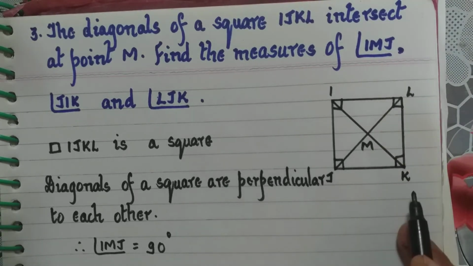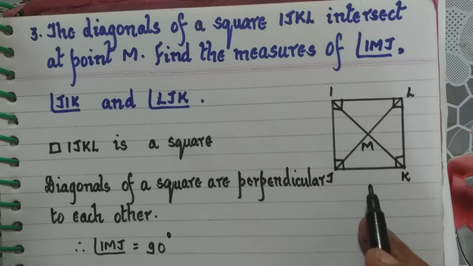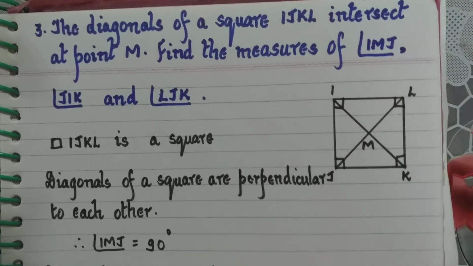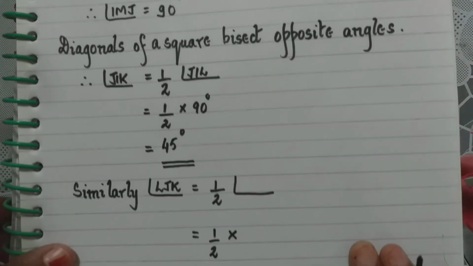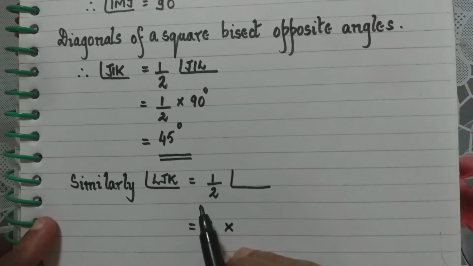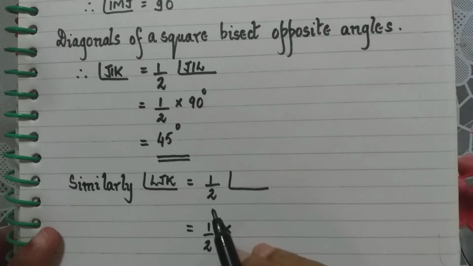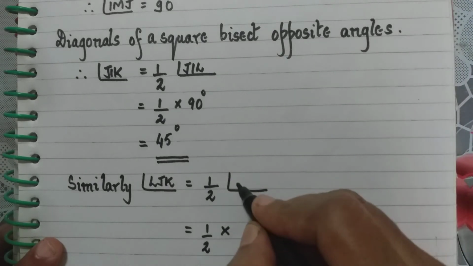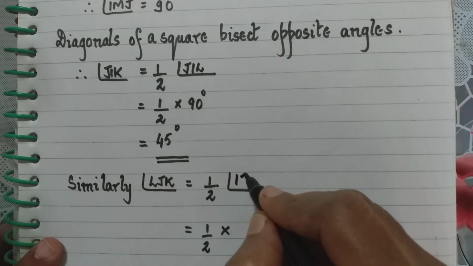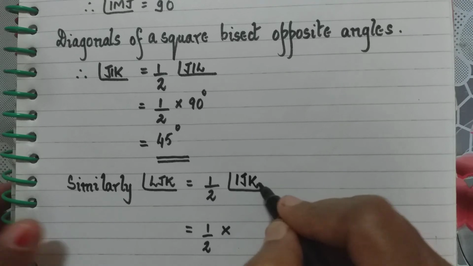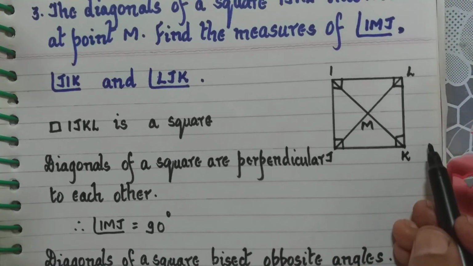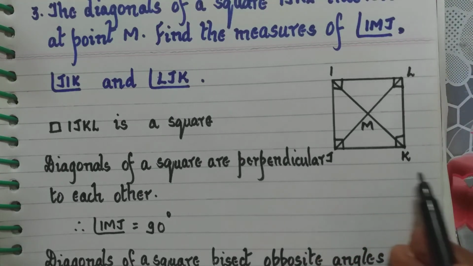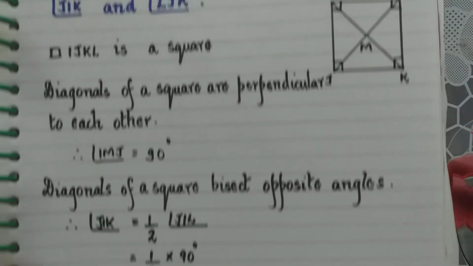Therefore, angle LJK will be half of 90 degrees, which is 45 degrees. So, I write here angle LJK is equal to half of angle IJK. We'll look at the figure again. Angle LJK is half of angle IJK.